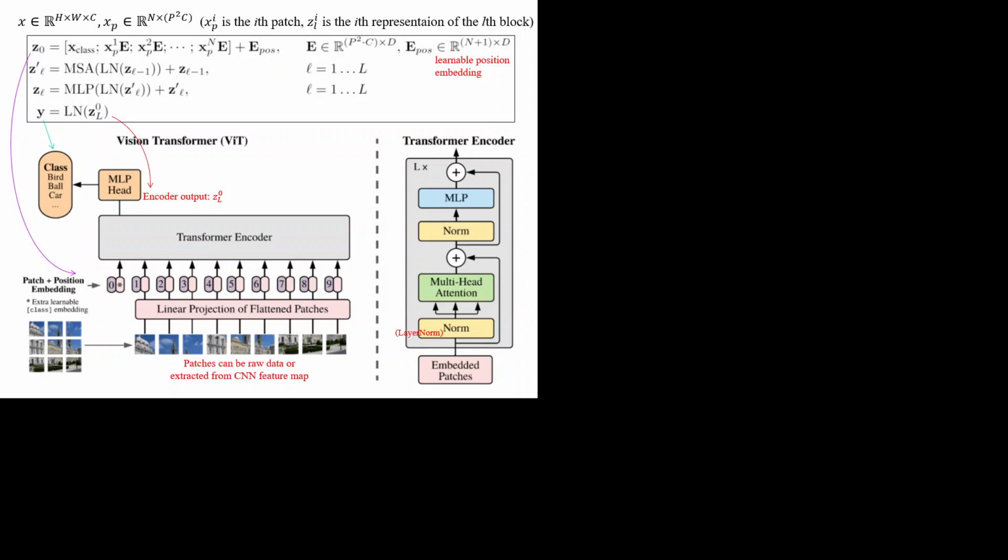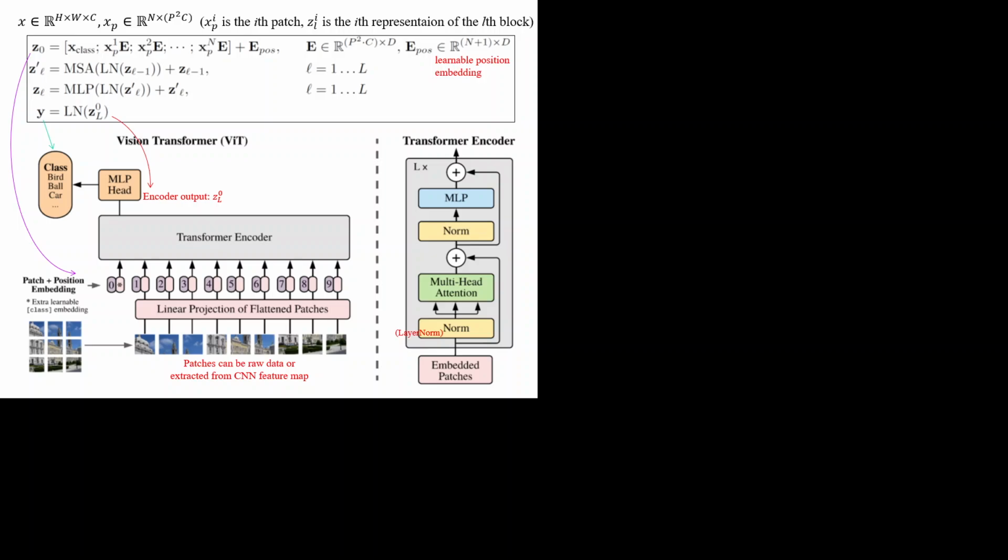Their idea is to divide the image into several blocks, which we call patches. Here we can see there are 9 patches. For each patch we can extract features by using a CNN or something else. Just using the raw data is also okay.